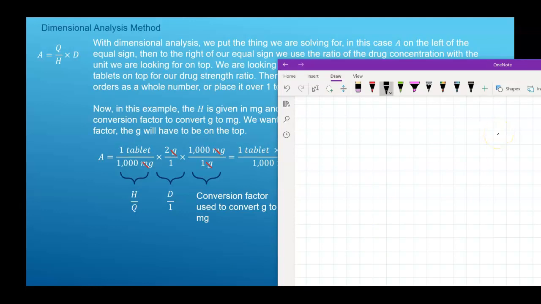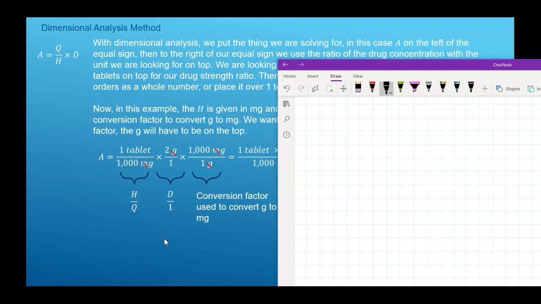It doesn't matter what direction. So those fractions, I have it set here, 1 tablet over 1,000 milligrams, 2 grams. I can switch these around and they're still going to multiply out the same. Because on the top here you have 1 times 2 times 1, and on the bottom you have 1,000 times 1 times 1. No matter which way you put them, you're going to get it the same.